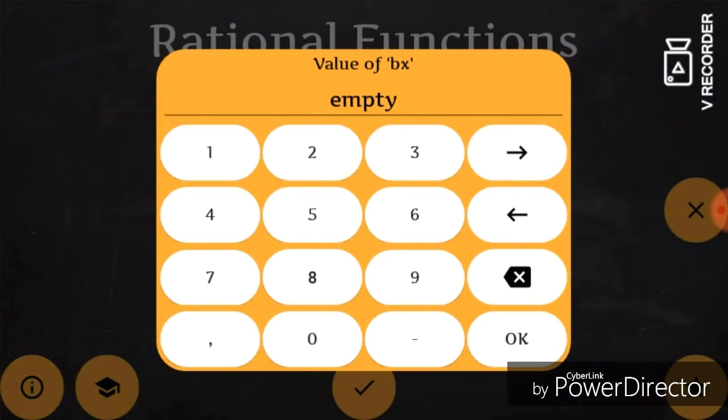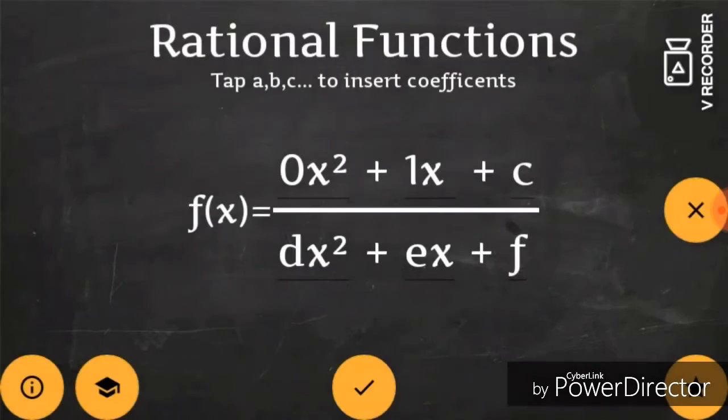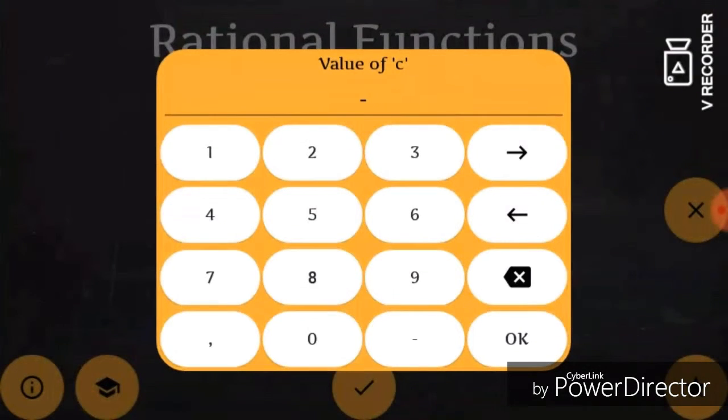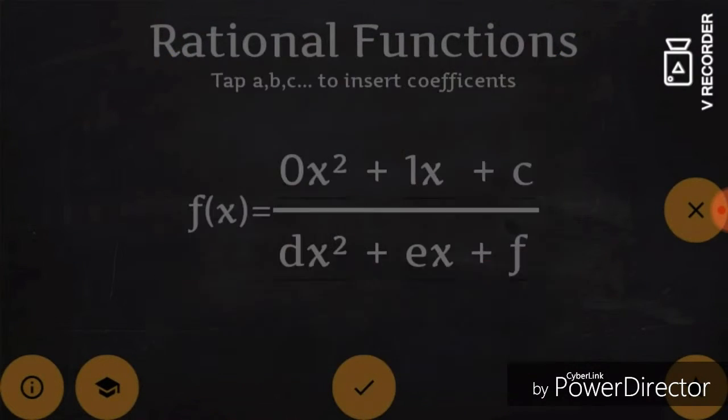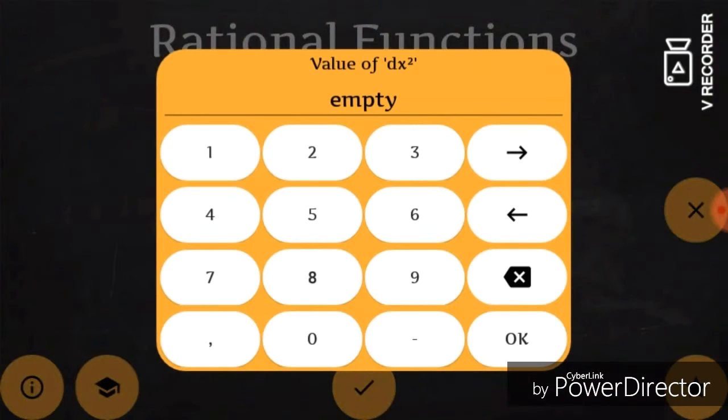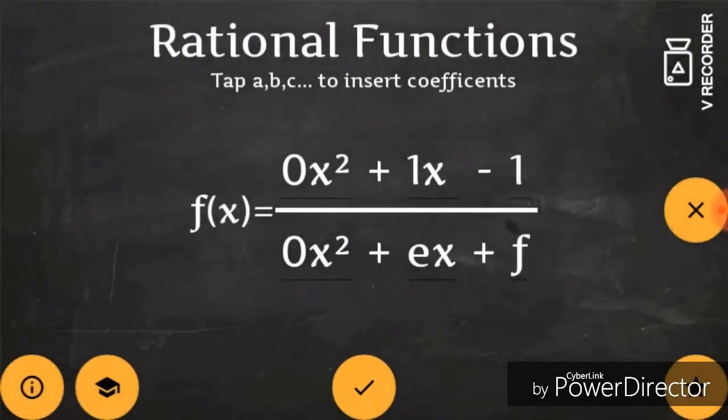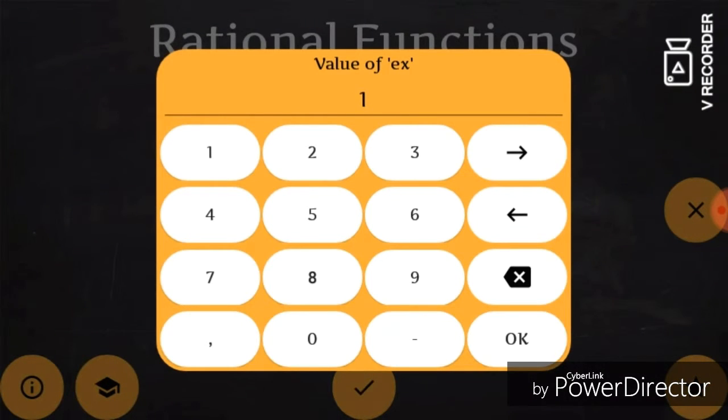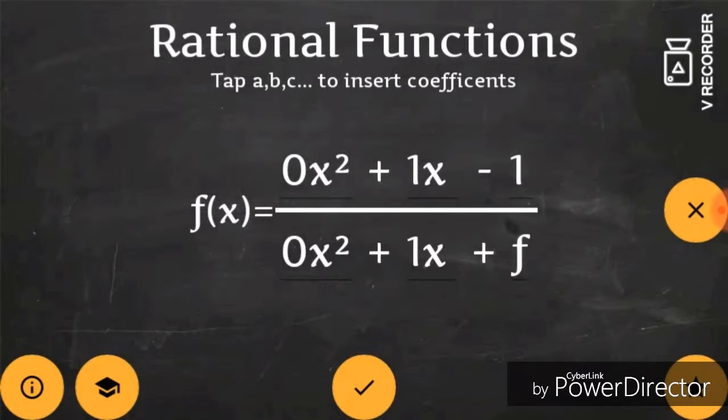Then b is equal to positive 1, c is equal to negative 1, d is equal to 0 since we don't have a second degree function in the denominator. Then e is equal to positive 1, and lastly f is equal to positive 1.